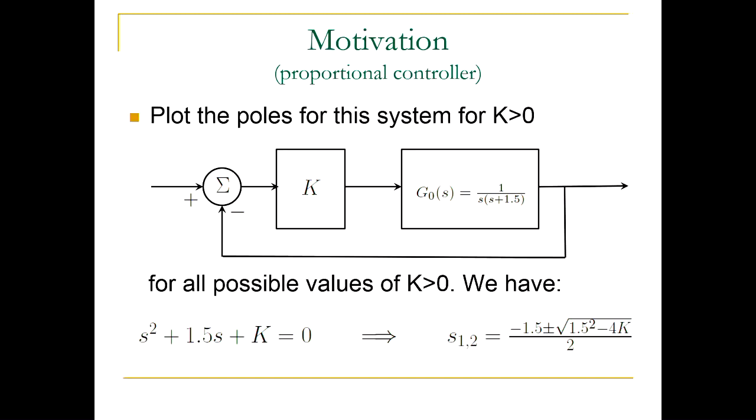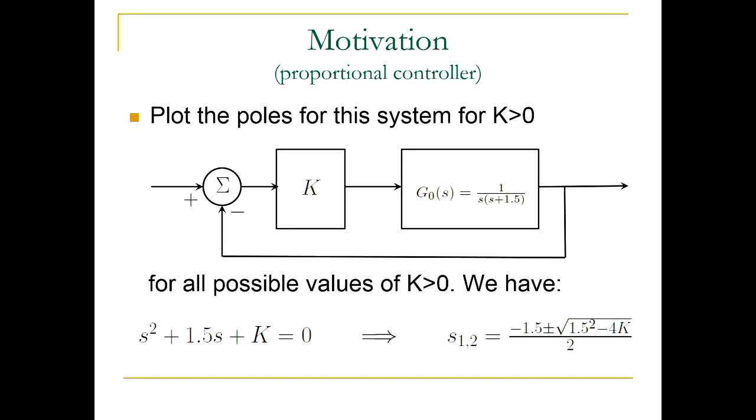So two solutions, two closed loop poles are given by this equation. So let's just stop and analyze a little bit what happens to the closed loop poles. So these guys here are solutions of this equation, and solutions of this equation are giving you closed loop poles for this system. Okay? So when k is 0, what do we get?